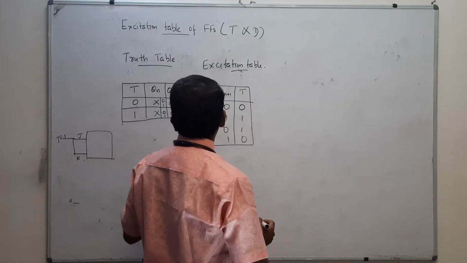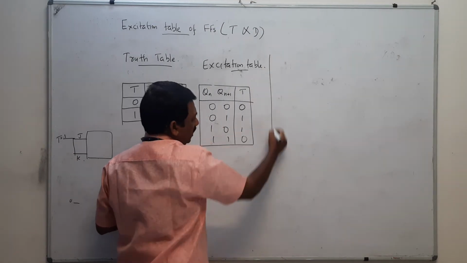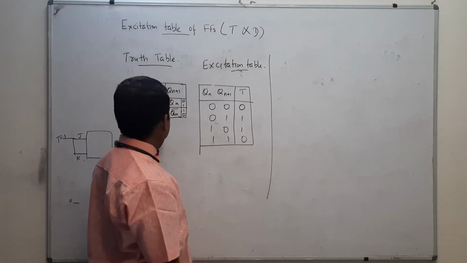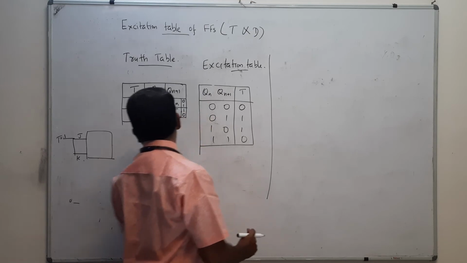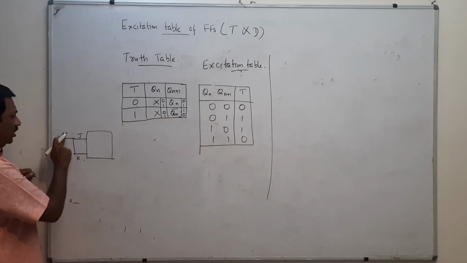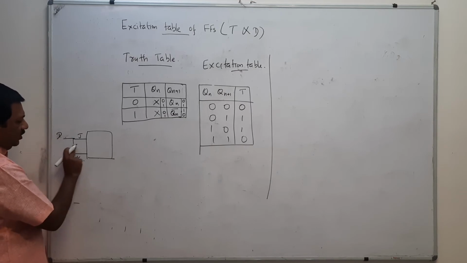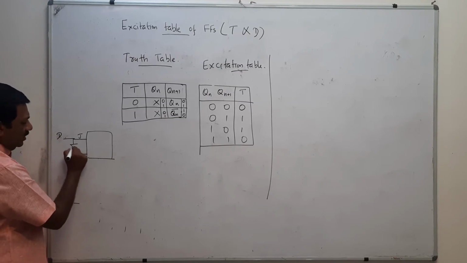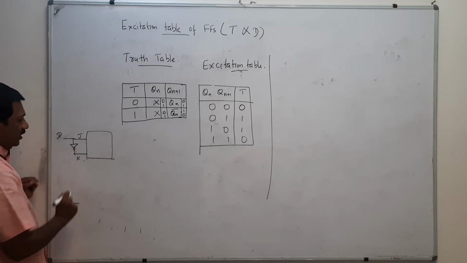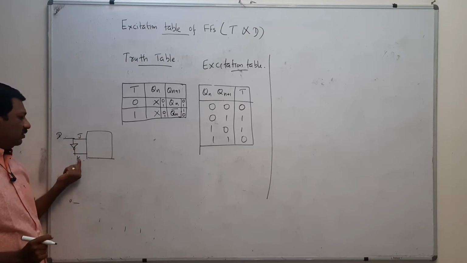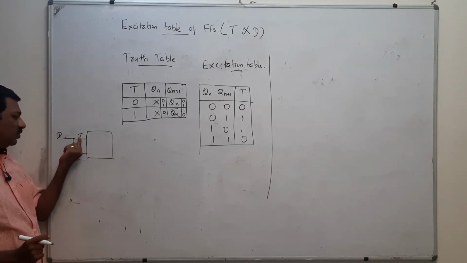Then this is all about T. The same thing you can have for D. If this is a D flip-flop, then what is the change here? Here, if J equals 1, K is equal to 0, and if J equals 0, K is equal to 1.